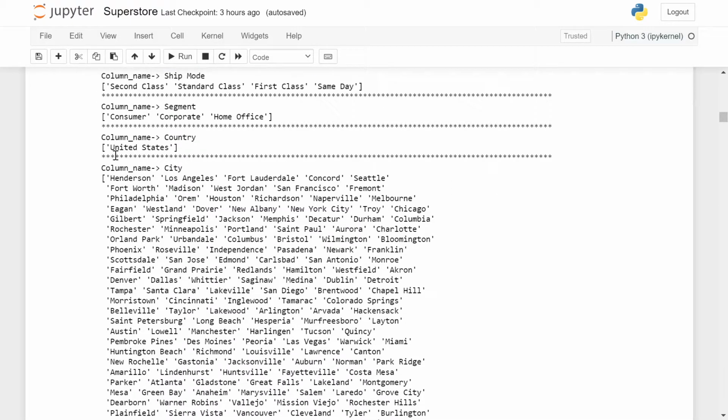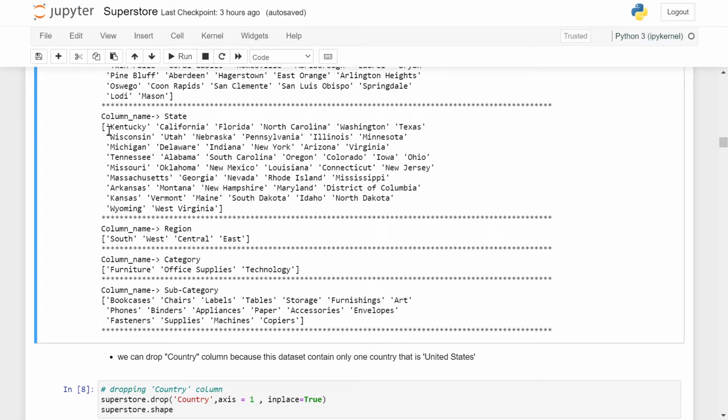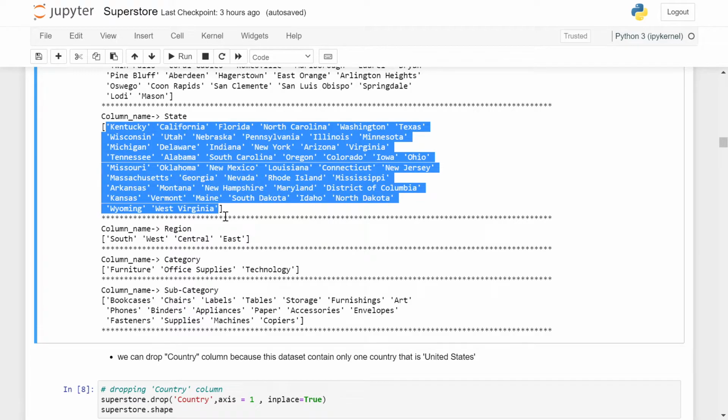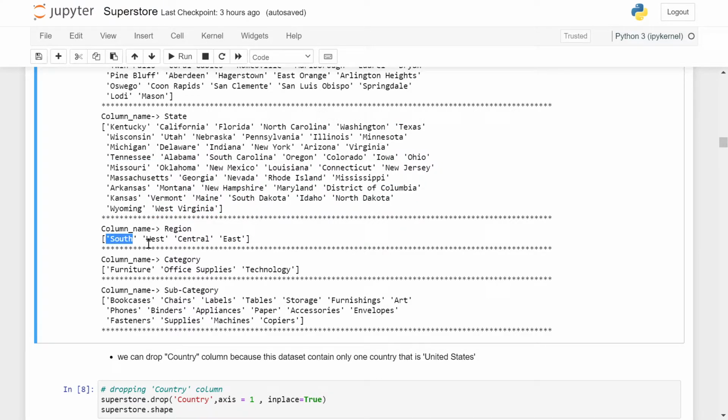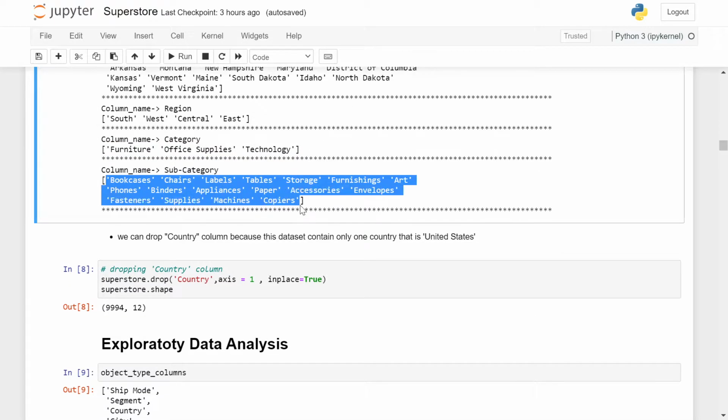In country we have only one country, United States, and these are the cities, and these are the states of United States, and these are the four regions: south, west, central, and east. And these are the three categories: furniture, office supply, technology, and these are the subcategories.